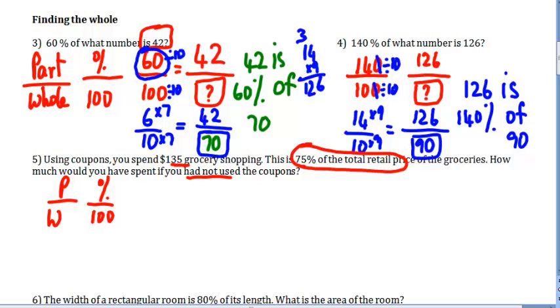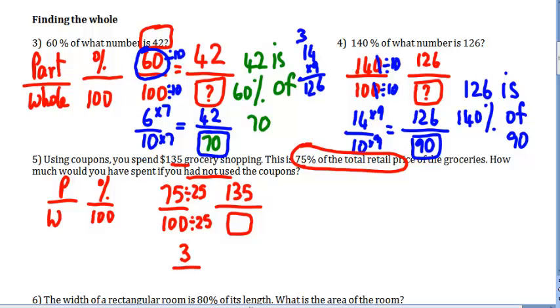Let's go ahead and figure this out. 75%, so 75 over 100. The part in this case is 135. I need to figure this out. I'm going to reduce this fraction. Again, it's guess and check. I'm looking at what numbers give me compatible numbers, or are multiples of 135. So 3/4 and 135 over something. Use your divisibility rules. Does 3 go into 135? I believe so. 5, 6, 7, 8, 9.